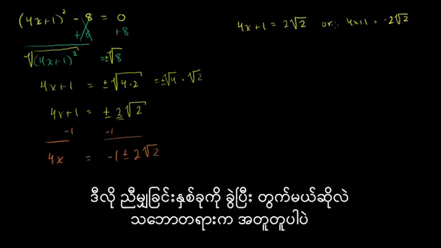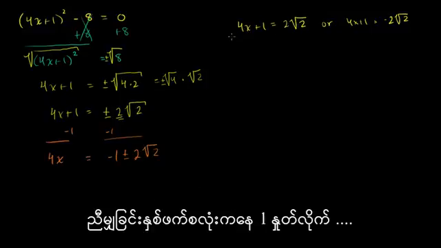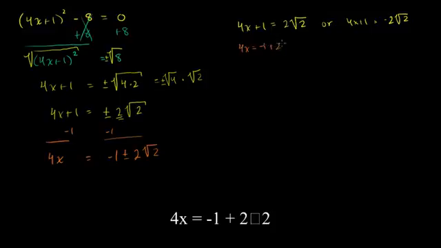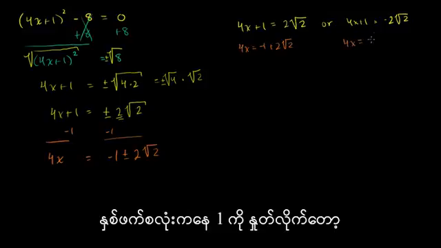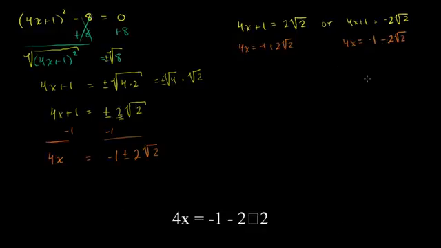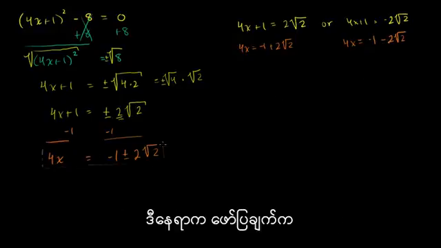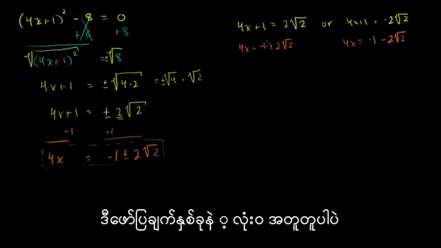If we did it here as two separate equations, same idea. Subtract 1 from both sides of this equation, you get 4x is equal to negative 1 plus 2 times the square root of 2. This equation, subtract 1 from both sides, 4x is equal to negative 1 minus 2 times the square root of 2. This statement right here is completely equivalent to these two statements.